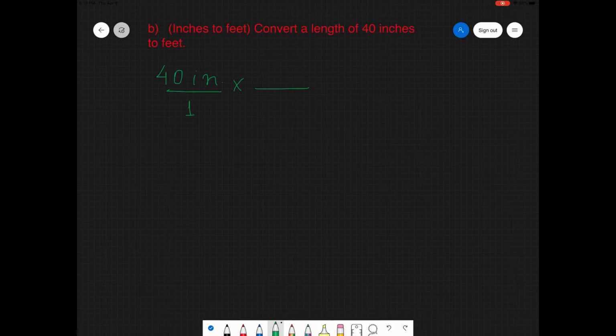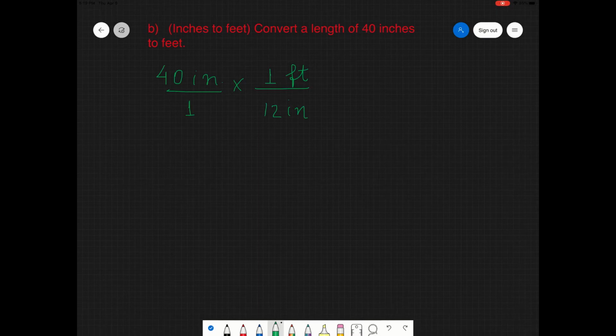Because I want to cancel out inches and have feet as the remaining unit, we know that the denominator of the conversion factor has to have inches, and the numerator then has to have the quantity in feet. So we have that 1 foot divided by 12 inches is equivalent to 1.